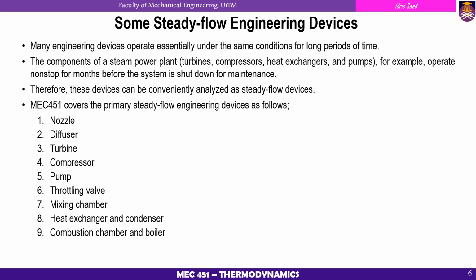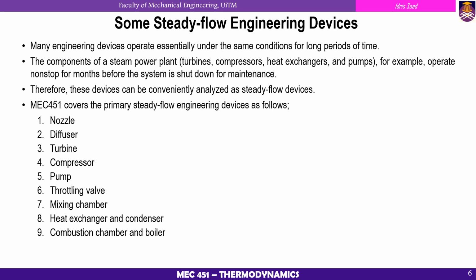For example, the components of a steam power plant, which are the turbine, compressor, heat exchanger, and pumps, will operate non-stop for a month or even a year before the system is shut down for maintenance. Therefore, these devices can be conveniently analyzed as steady flow devices, so we need to use the energy balance equation for a steady flow system in analyzing those types of devices.